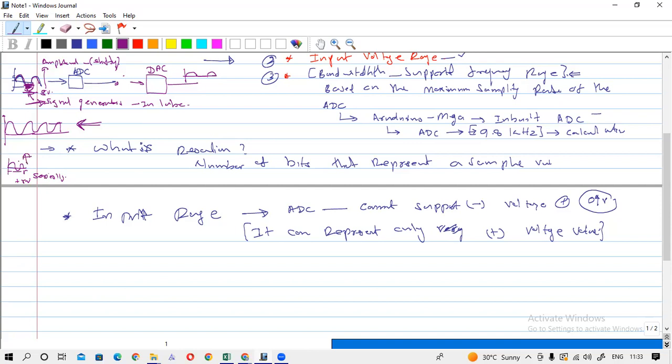That is called DC offset. Can't you remember? Maybe you have used this facility in the signal generator. Haven't you used the DC offset function? Yeah, you have used it.